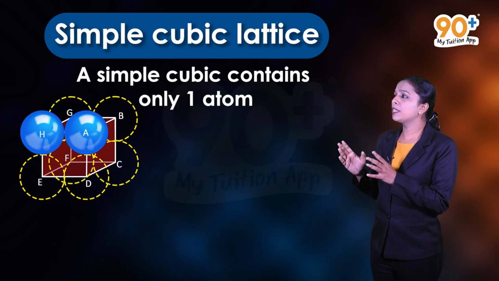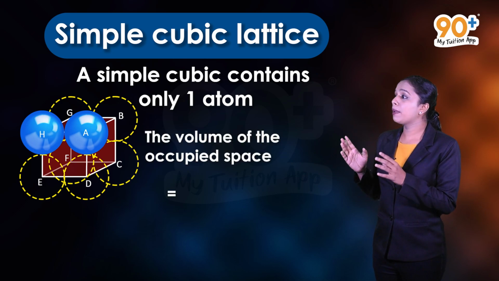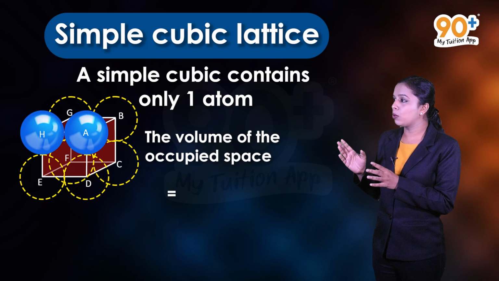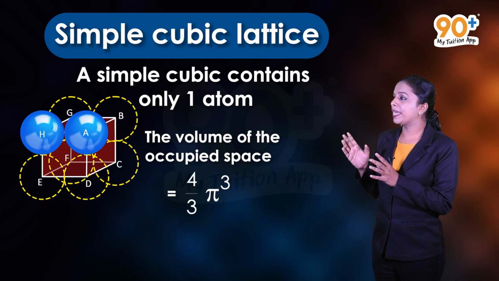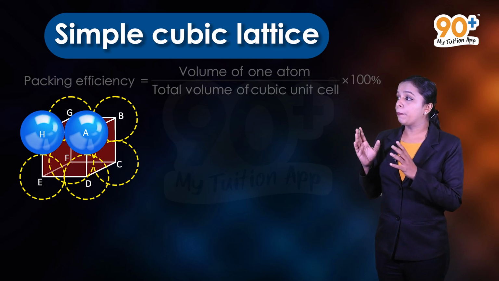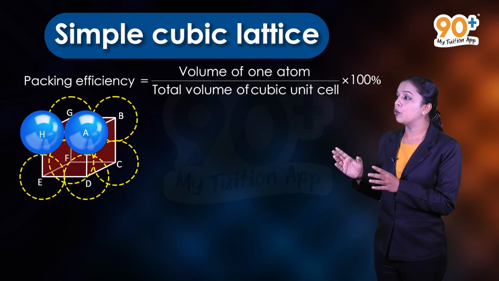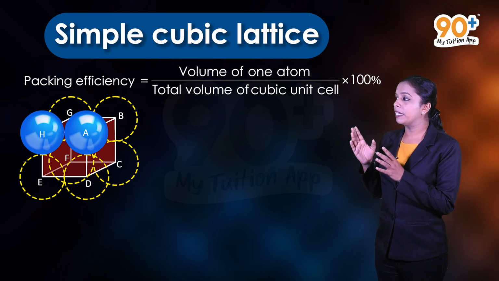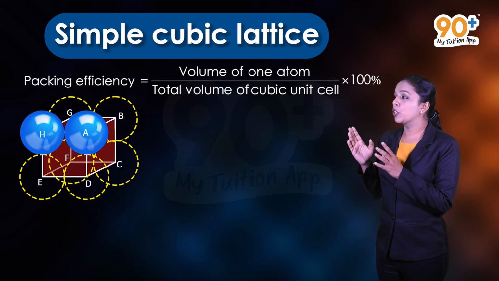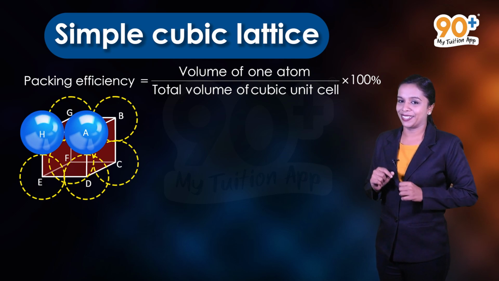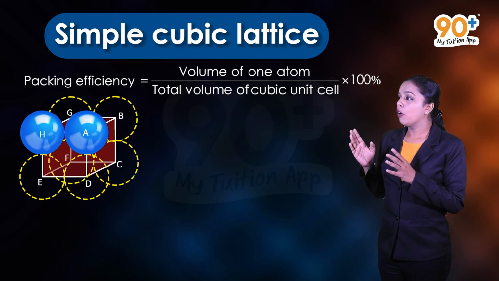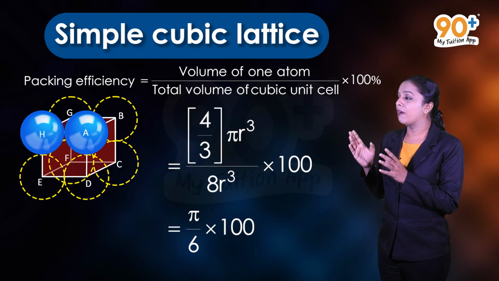Since a simple cubic lattice contains only one atom, the volume of the occupied space is equal to 4 by 3 pi r cube. Therefore, the packing efficiency is equal to the volume of one atom divided by the volume of the cubic unit cell into 100. That is equal to 4 by 3 pi r cube divided by 8r cube into 100.